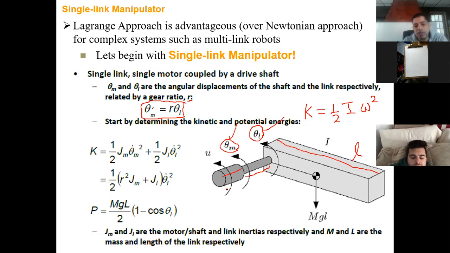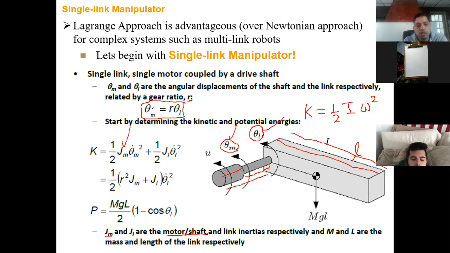So we have two kinetic energies here: the kinetic energy of rotation of the motor and shaft, which is a combined system, and the kinetic energy of the link. What is the kinetic energy of shaft and motor? 1/2 Jm, my I is Jm here, where Jm is the inertia of motor and shaft both.